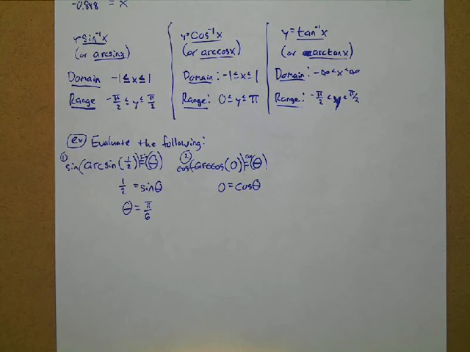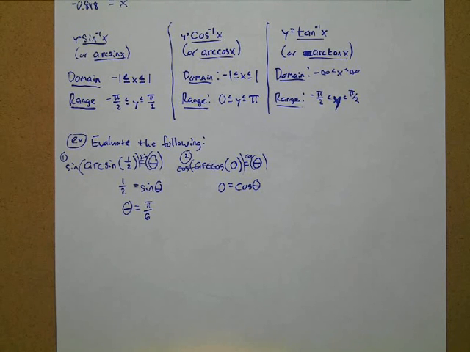Remember, cosine is the x-coordinates, and sine is the y-coordinates. So for what angle does the cosine give us 0?